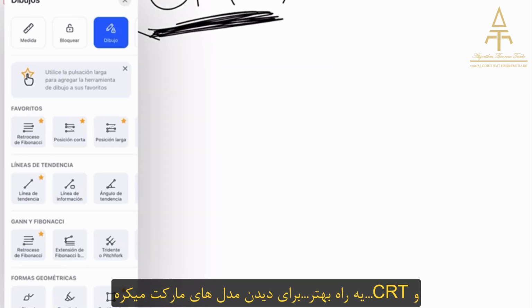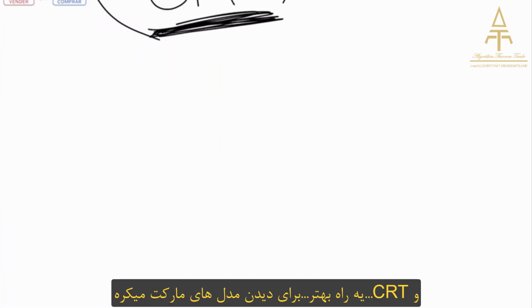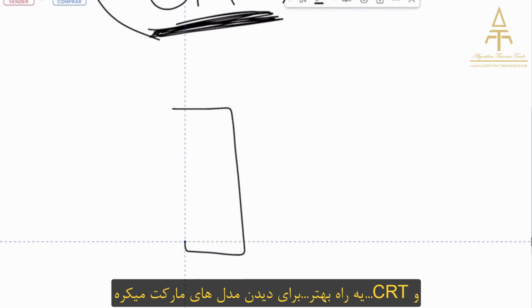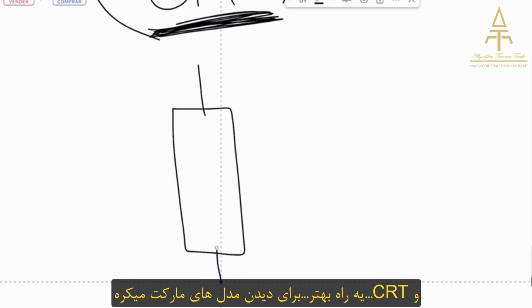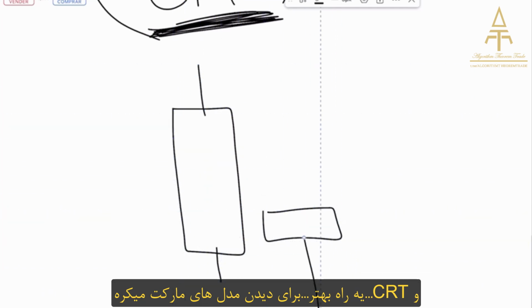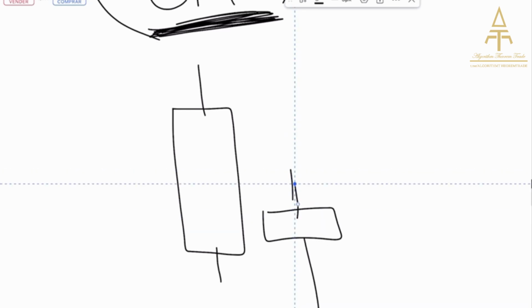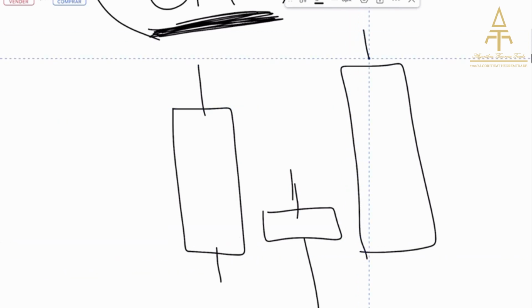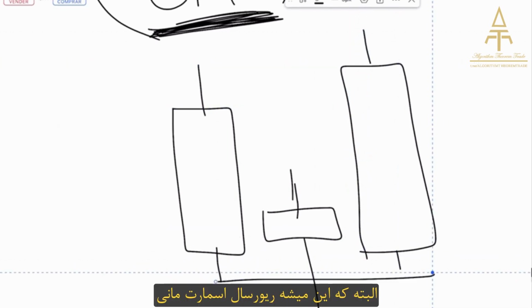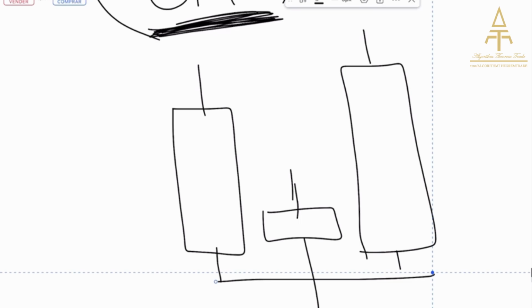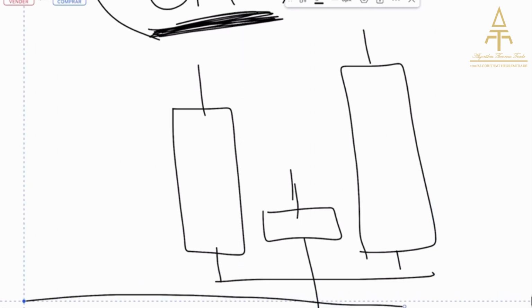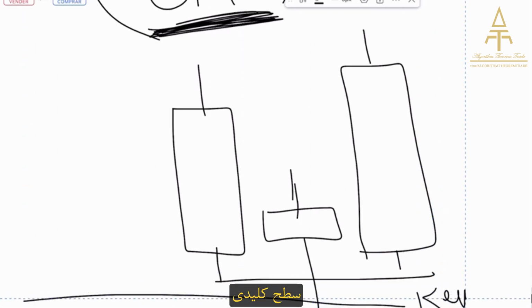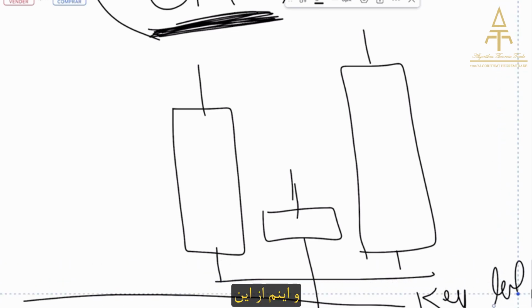And CRT is a better way to visualize market maker models. Right? Of course, this being the smart money reversal, turtle soup, key level, and there you go.